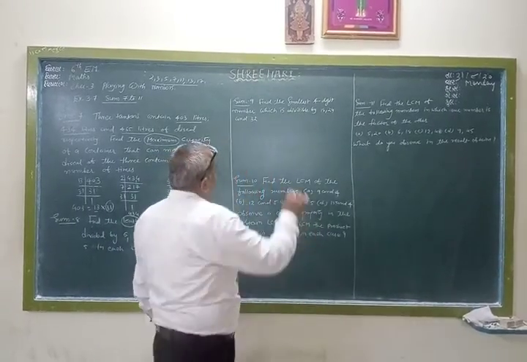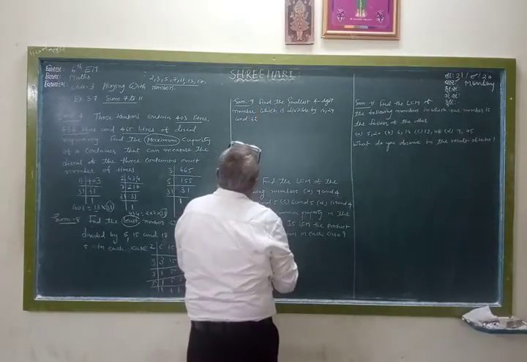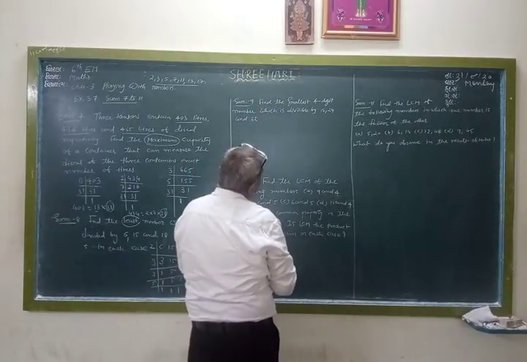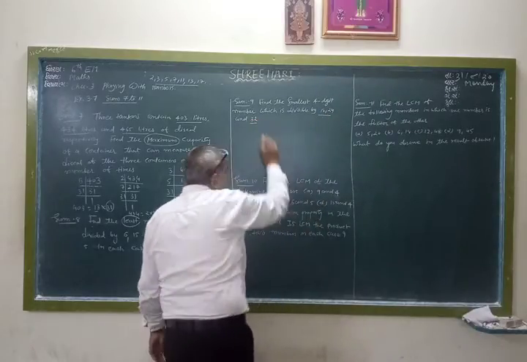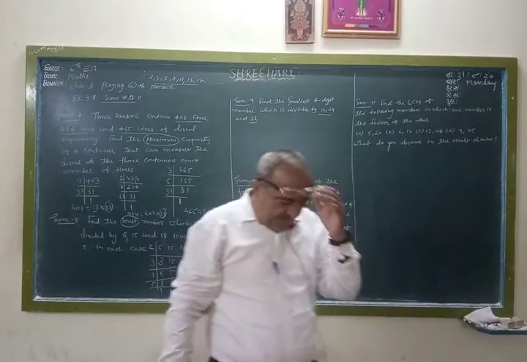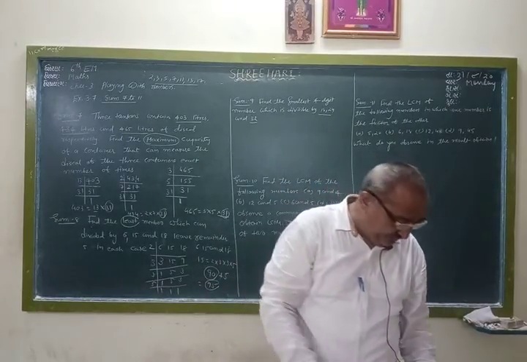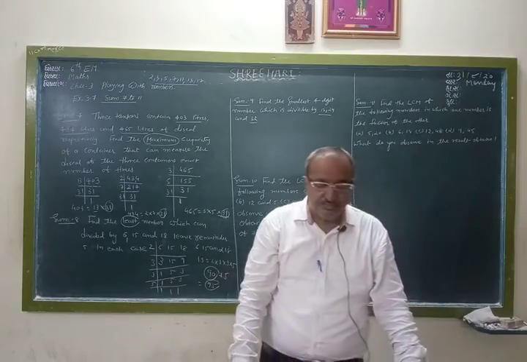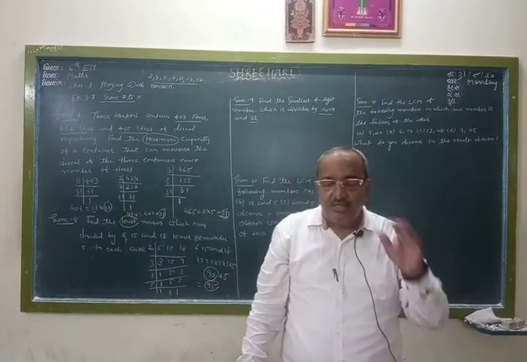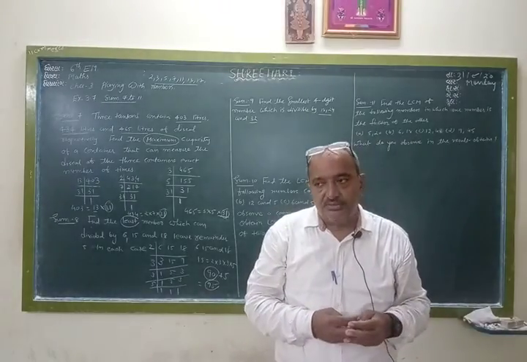Now sum number 9. Find the smallest 4-digit number which is divisible by 18, 24 and 32. Friends, in sum number 9, we have to find the LCM first, then which is the smallest 4-digit number? 1000.